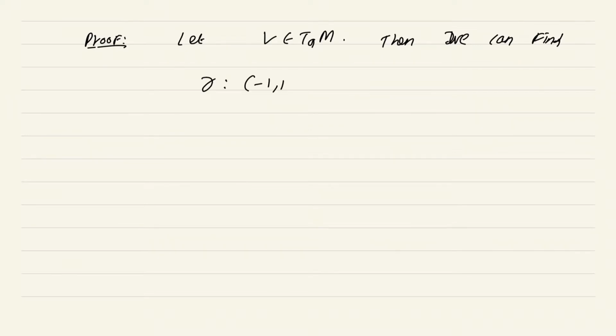So what this says is, let V be a point in the tangent space of M. Then those exercise sets would have told you that we can find a curve gamma from -1, 1 to M, where gamma of 0 is A, and gamma prime of 0 is V. So essentially this says that the velocity vectors of curves exhaust the tangent space at A of the manifold M.